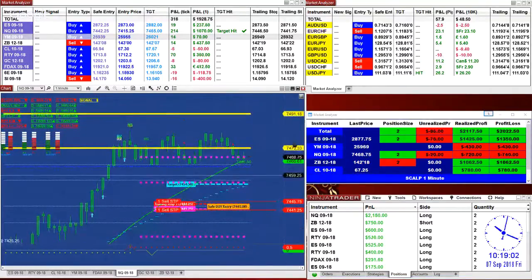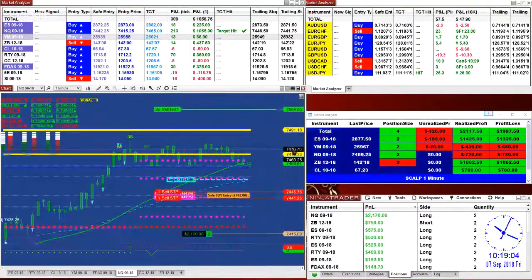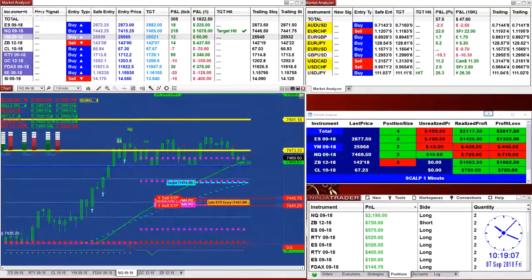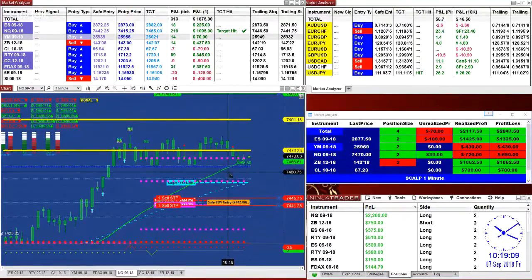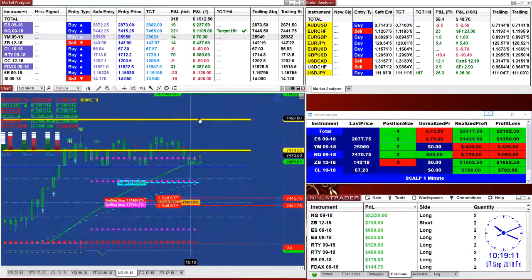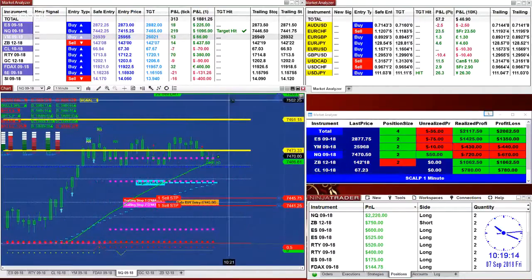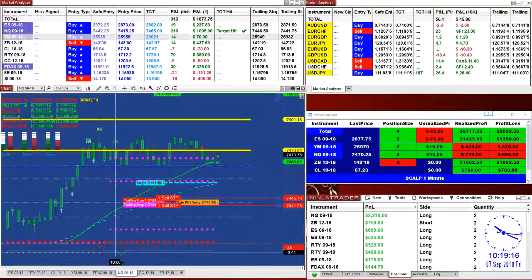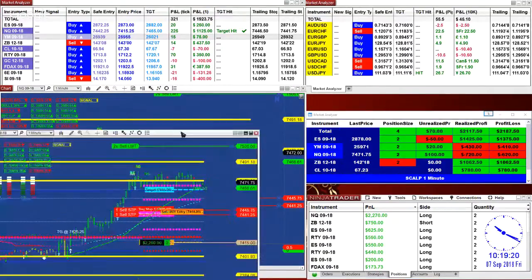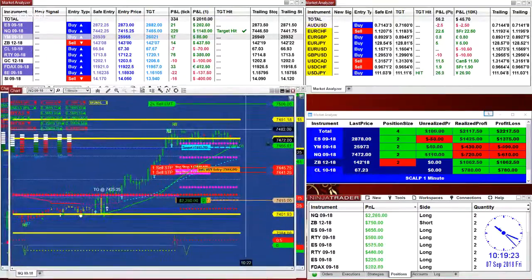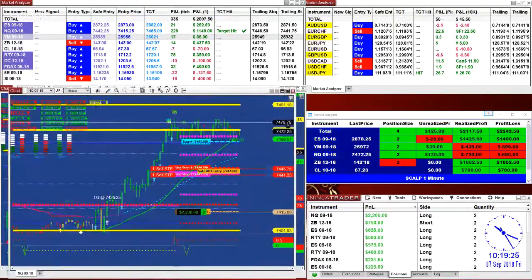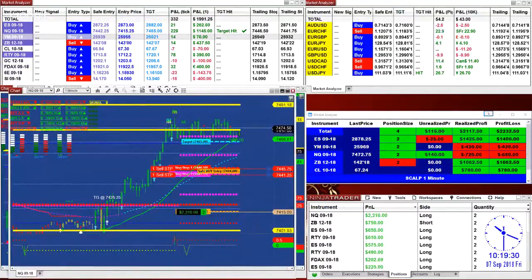So we will try to. The ES is trying to climb again.